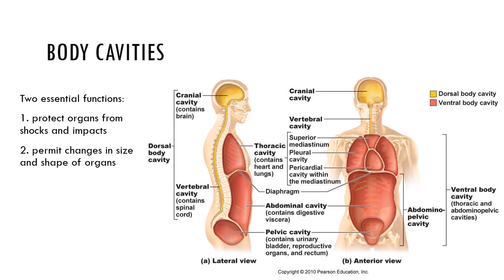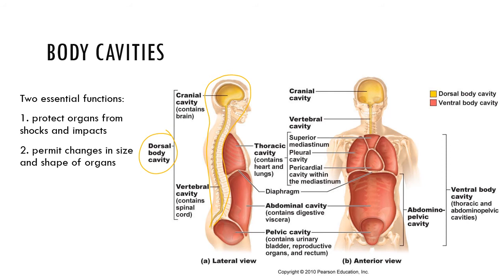So on our posterior, which I'll illustrate in orange, we have our cranial cavity, which contains our brain, and our vertebral cavity, which contains our spinal cord. That's the only thing in the dorsal or posterior body cavity: cranial cavity, vertebral cavity. On the anterior, many more cavities.